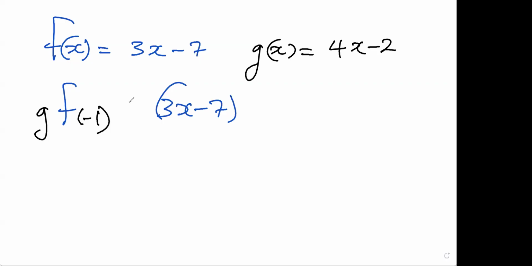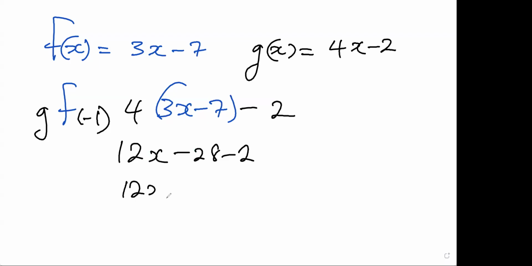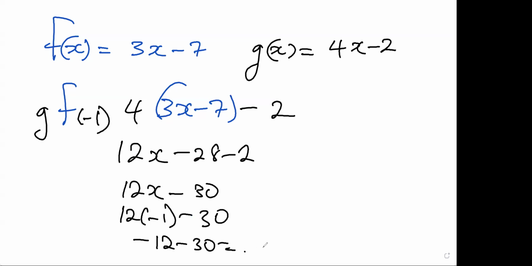Now g says 4x minus 2. So 4 times 3 is 12, so that's 12x. 4 times 7 is negative 28 minus 2. So it's 12x minus 30. Now plug in negative 1. So 12 times negative 1 is negative 12 minus 30. So that's negative 42. Yeah. 4 times 7 is 28, right?